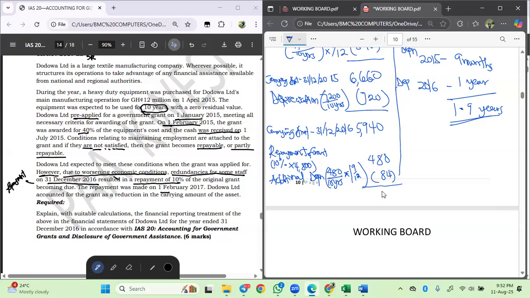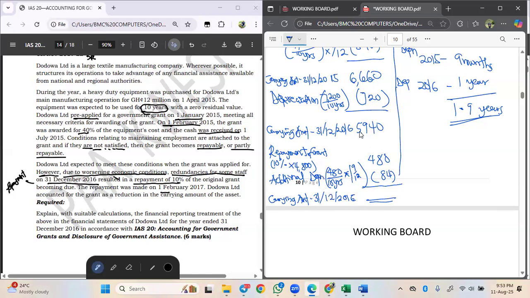So what is our revised carrying amount as at 31st December 2016? How much do you have there? 396.